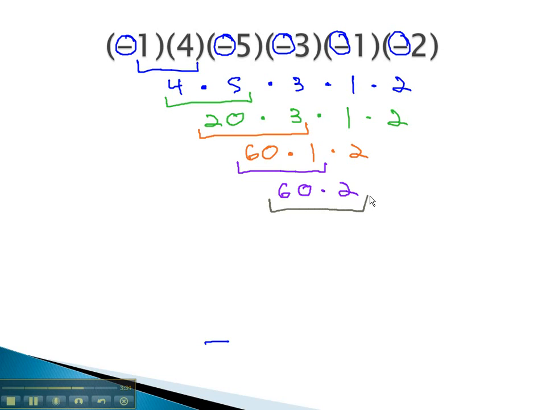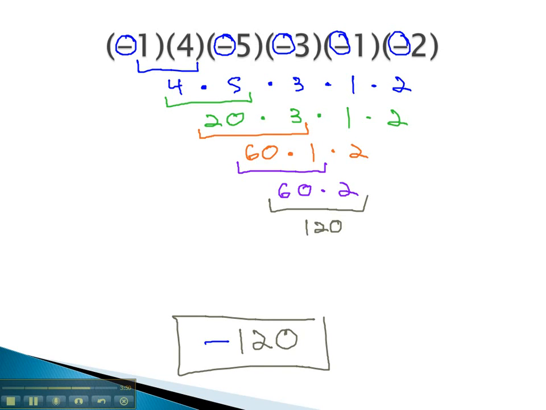And finally, 60 times 2 is 120. All the numbers together multiply to 120. Because there was an odd number of negatives, we know the answer has to be negative 120.